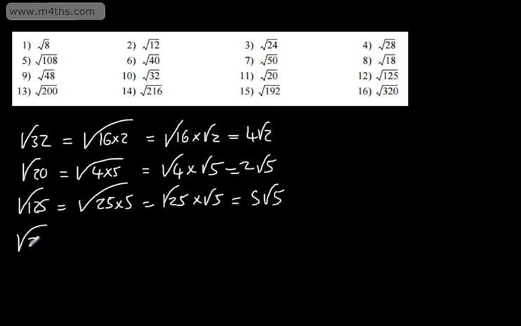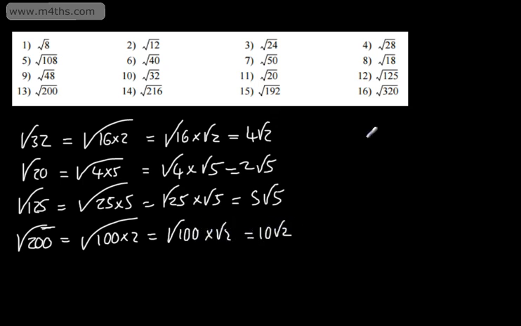Root 200, another reason I don't like prime factoring, because this will take forever. Logical here, 100 multiplied by 2, that's the largest square factor. So the root of 100 multiplied by the root of 2, the root of 100 is 10, so 10 root 2. Again, if you hadn't spotted that, if you thought it was 25, that's fine. Then the root of 200 is the root of 25 times 8, which gives the root of 25 multiplied by the root of 8.